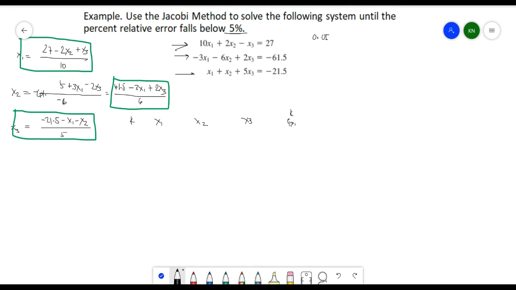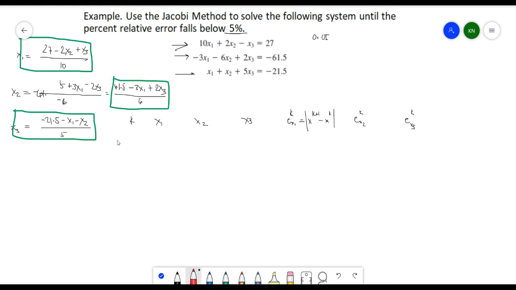From Gauss-Seidel, the relative error formula is the absolute value of x raised to k plus 1 minus x raised to k, and that is still the same here in our Jacobi method. So we'll still be using that one. Then we have the error for x sub 2, which is still equal to this one, and the error for x sub 3.